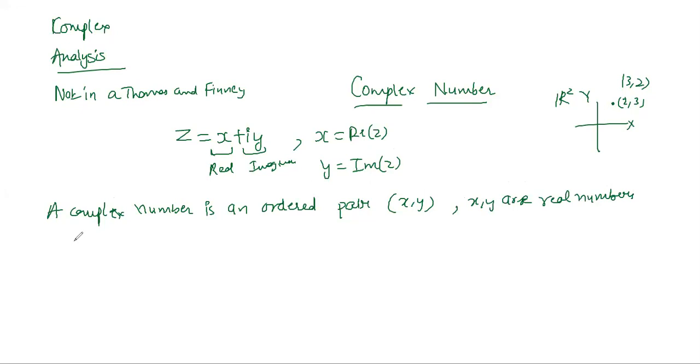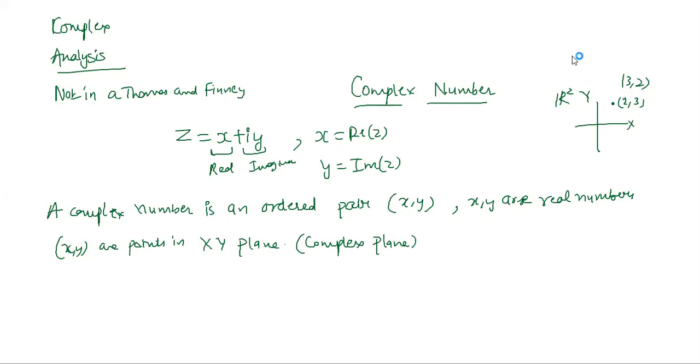So these ordered pairs are actually points in the xy plane. I'm not giving you a very formal definition. I'm just giving you another way of looking at it. So this is the complex plane. So how does a complex plane look like? It's similar to an R2 plane.